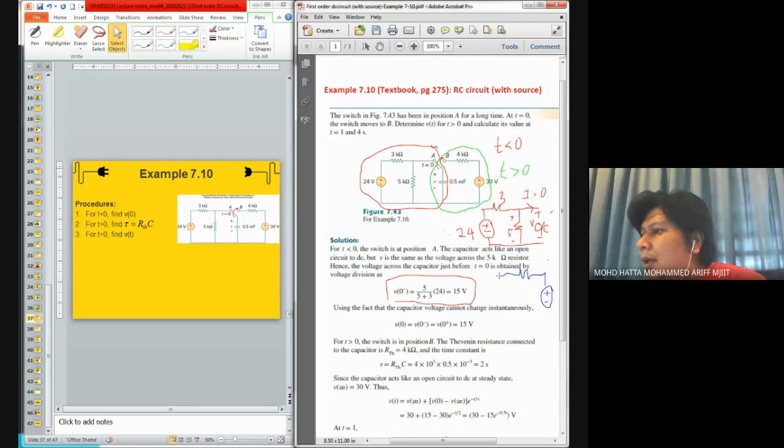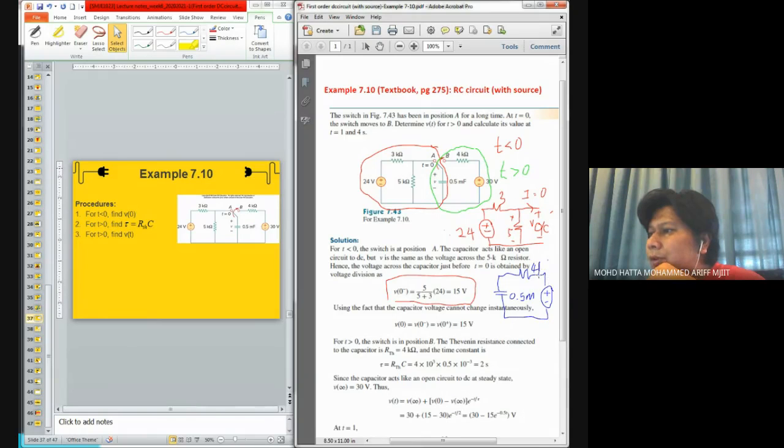There's a capacitor, and we have 4 kilo ohm over here, and 0.5 millifarad.